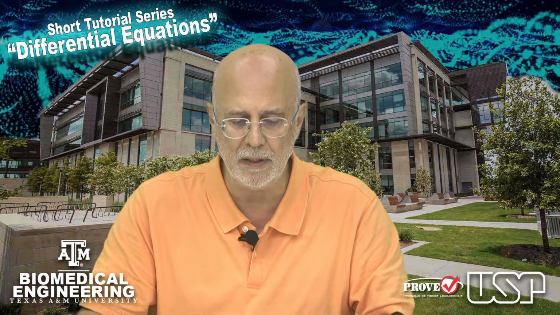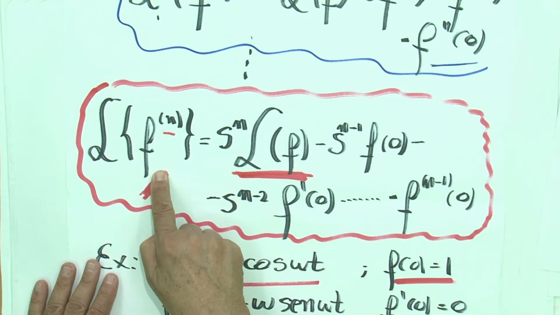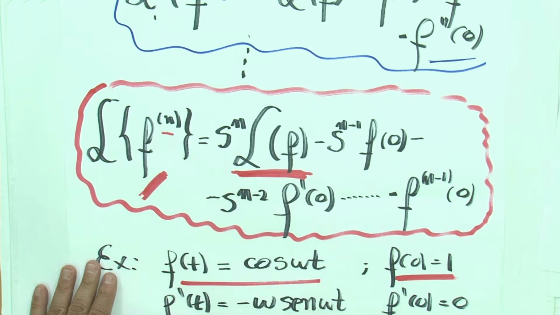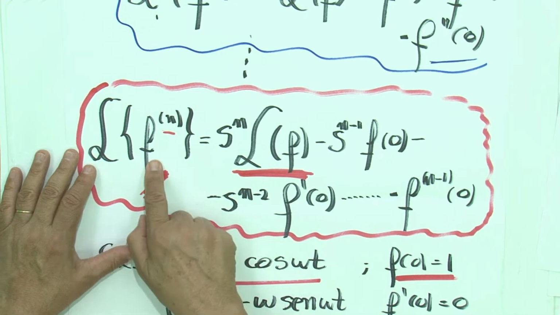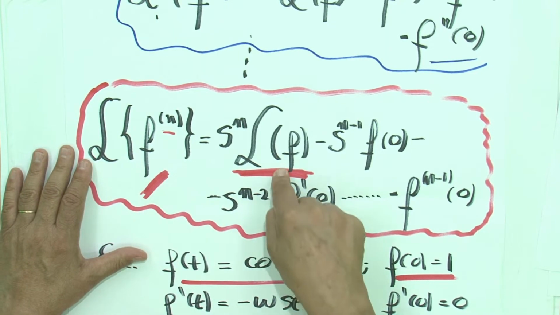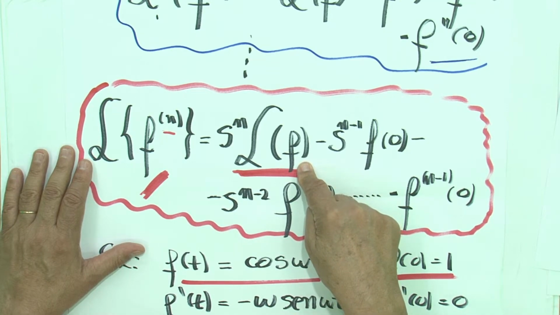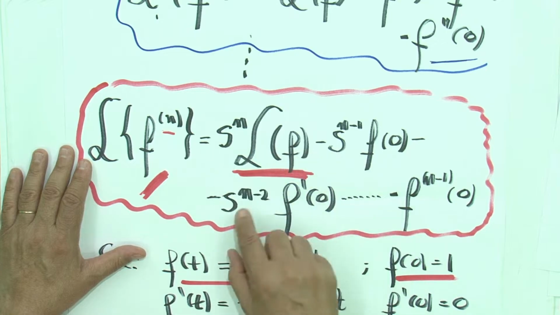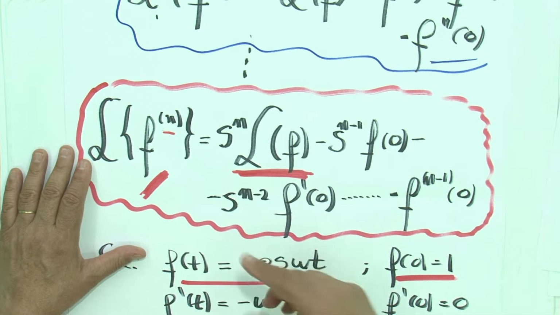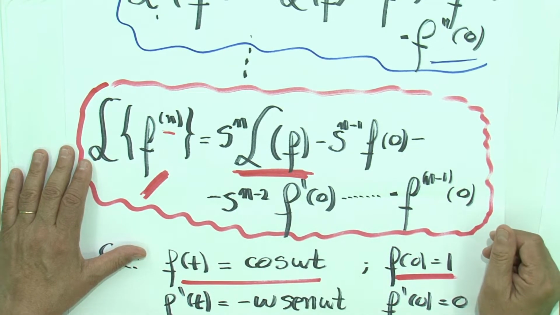And then we were able to generalize. We generalized by saying that the Laplace transform of a derivative of any order of a function is related exclusively to the Laplace transform of the function itself, times powers of this new variable s, which is the reciprocal space variable.